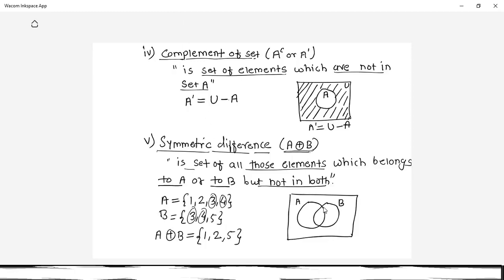This portion denotes the common elements between the two sets, so I should exclude that. So symmetric difference should contain elements of set A or set B but not in both. So this is A symmetric difference B.